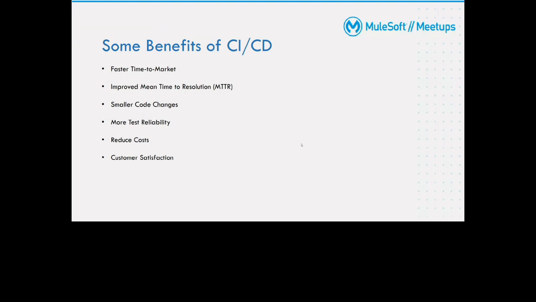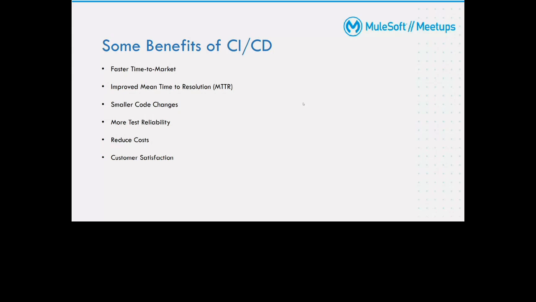Since you have done a lot of automation here, and your smaller code changes are moved to production, and you have a faster time to market, your costs are reduced, and hence you have customer satisfaction as well, because the features are readily available to use by the customer.